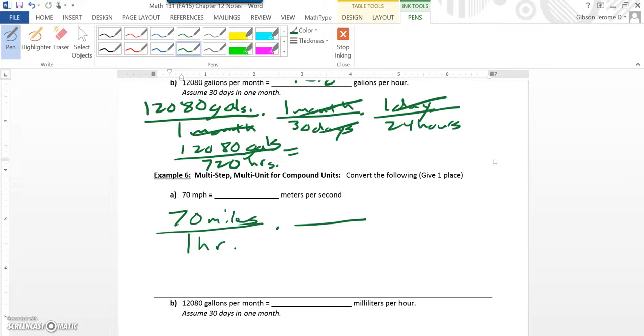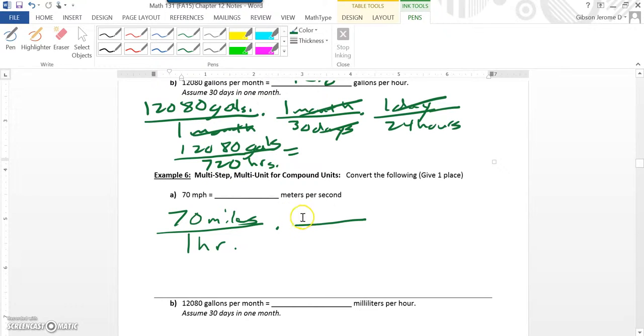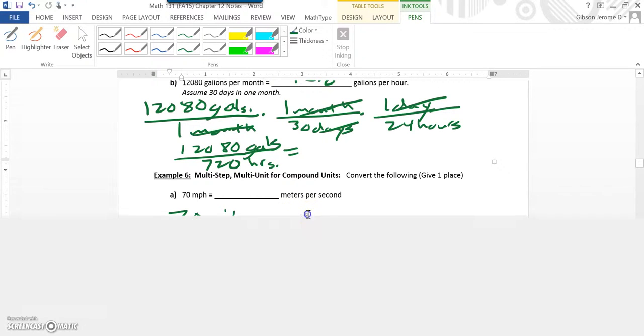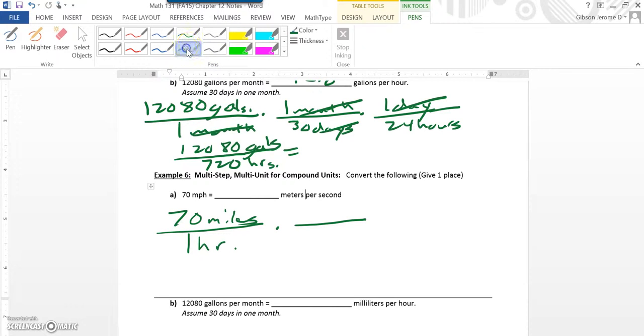So we go here and look at the miles. Let's see. We've got miles to kilometers. Now again, we will need to move this decimal 3 places to the right. That'll give us 1,609.3 in order to make it meters. So it'd be 1,609.3 meters for every 1 mile.